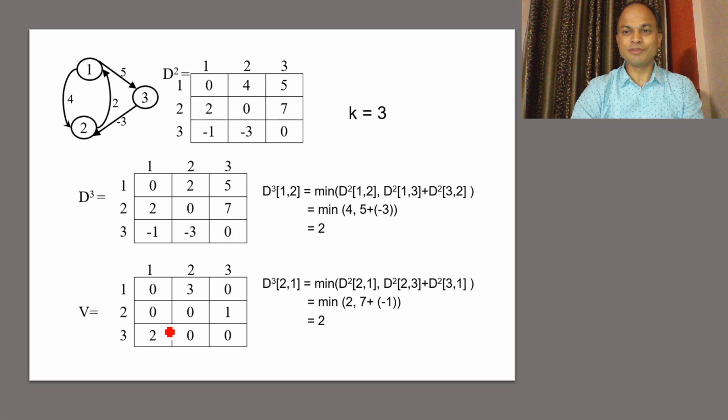This table tells which vertex we have involved as the intermediate vertex, and D tells us about the minimum distance. In this way, we can solve the all pair shortest path problem using the Floyd-Warshall algorithm.